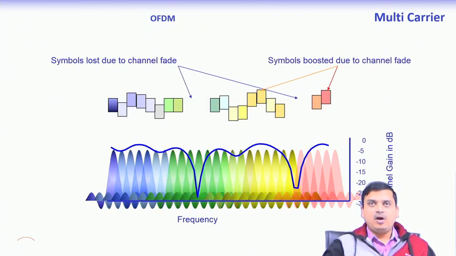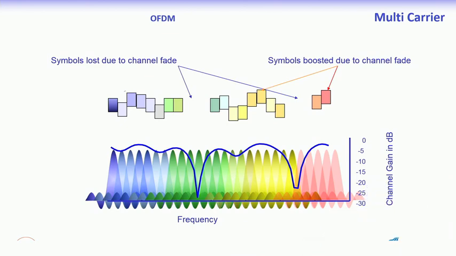So, these symbols get lost and you cannot demodulate, and the other symbols are either increasing in signal power or decreasing in signal power because of the fluctuation of the channel, which is in correspondence to this curve, right. So, that means different signals experience different signal to noise ratio. We have said earlier that this is what is utilized for link adaptation, right.